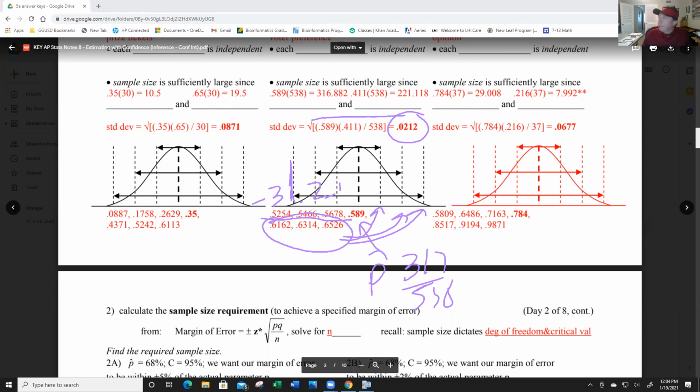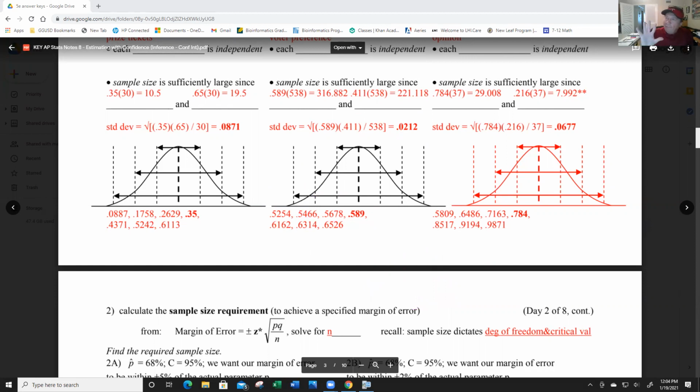And to take a quick look at this, remember 95% confidence is about 2 standard deviations away from the mean.